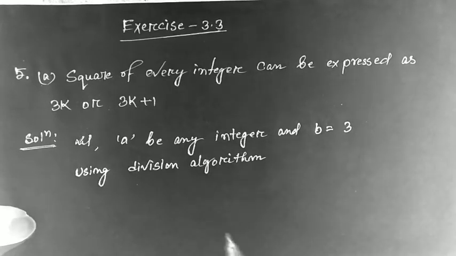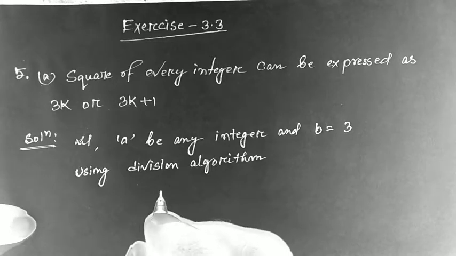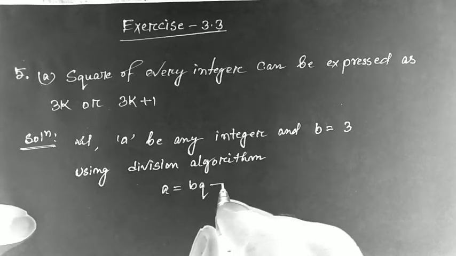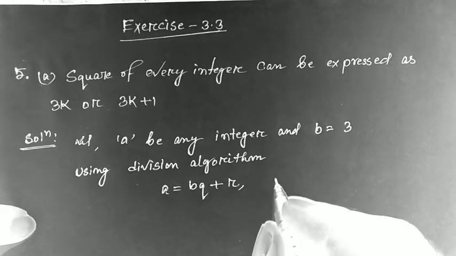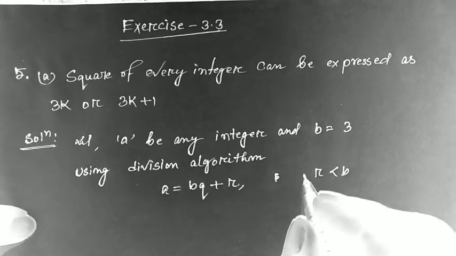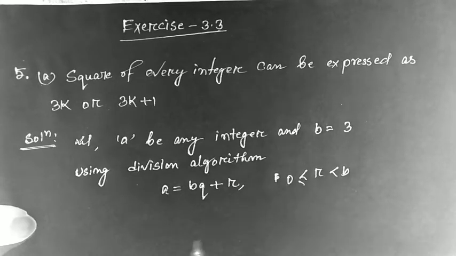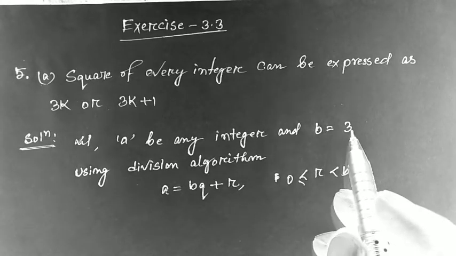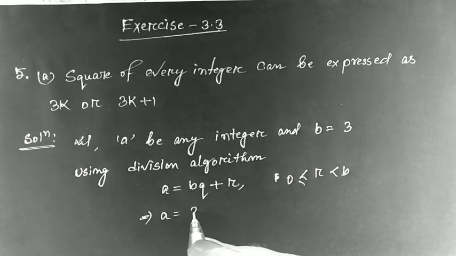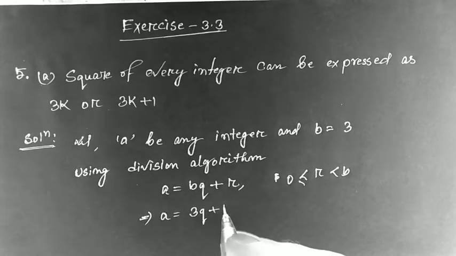what we get: a is equal to bq plus r, no? Where r is greater than or equal to 0 and less than b. Here the value of b is 3, so put it: a is equal to 3q plus r.